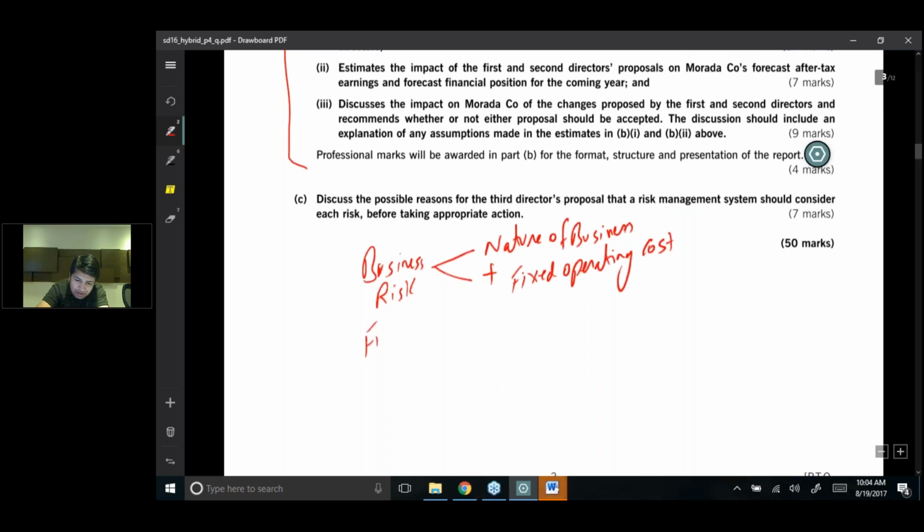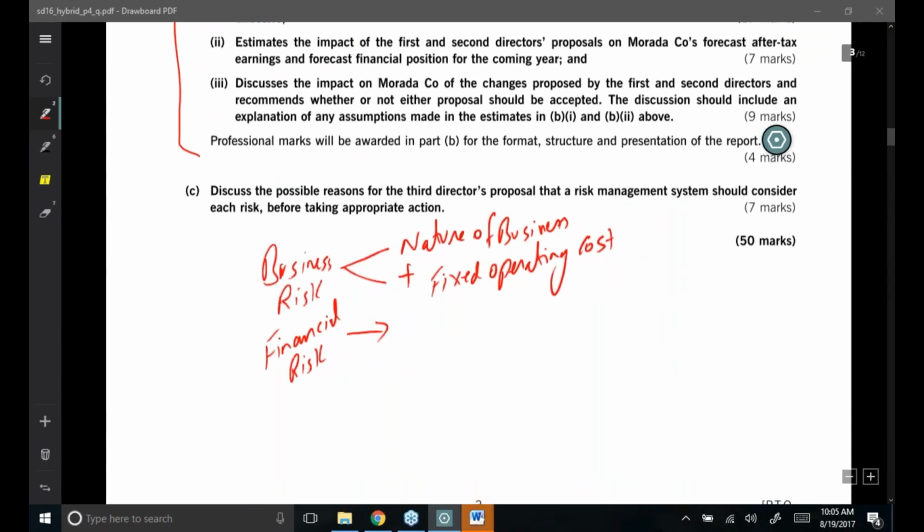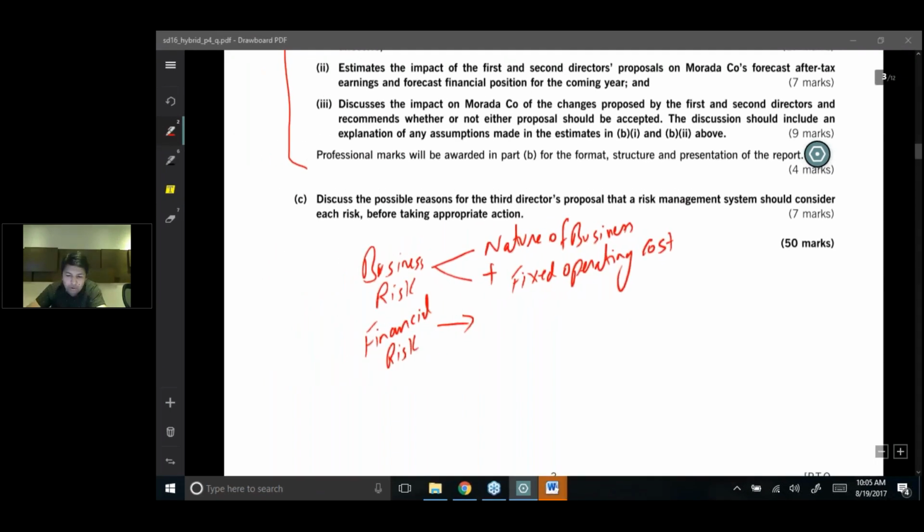And the financial risk is the capital expenditure, the capital gearing, the financial gearing. If a company has not borrowed from the market, your financial risk will be zero.